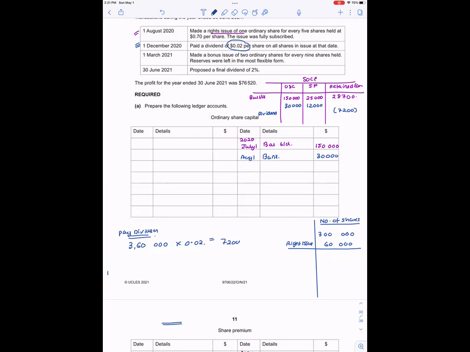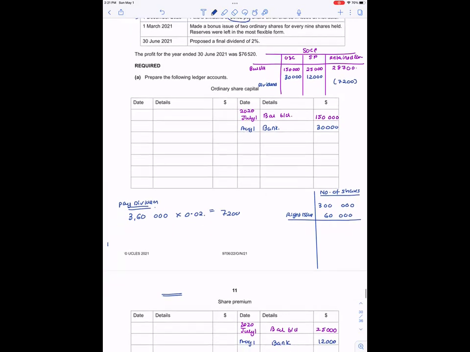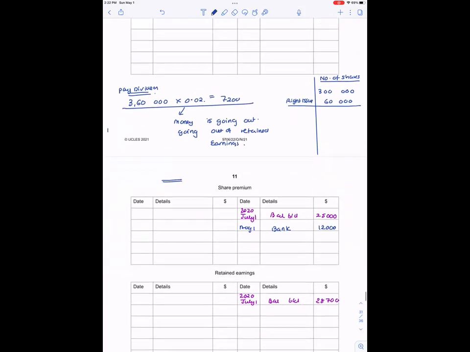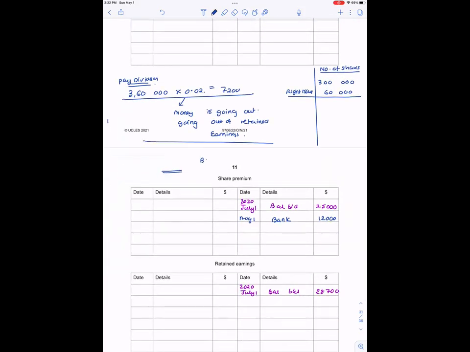When you're paying dividend, what would be the journal entry that you would pass? So money is going out, and it is going out of retained earnings. Can anybody give me the journal entry? Bank credit, because money is going out.